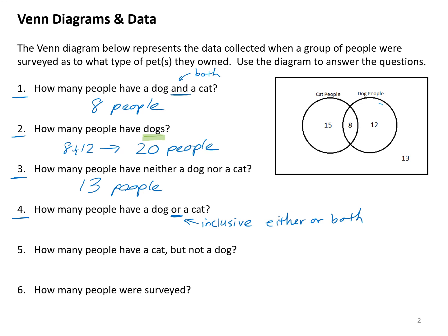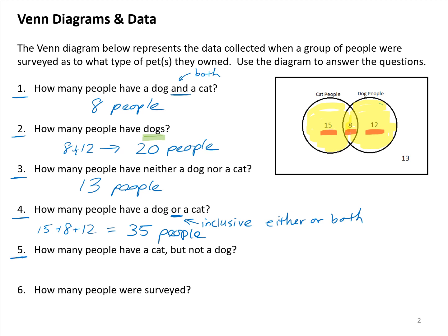If I highlight the dog region, that means I've got these people. And then if I add to that the cat region, I would have these people. So the cat and the dog regions altogether include 15, 8, and 12 people. All of those people, either or, are represented in that region. So 15 plus 8 plus 12 would be 35 people. OR is always inclusive in mathematics.